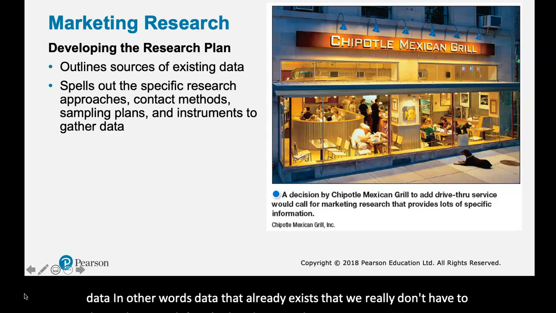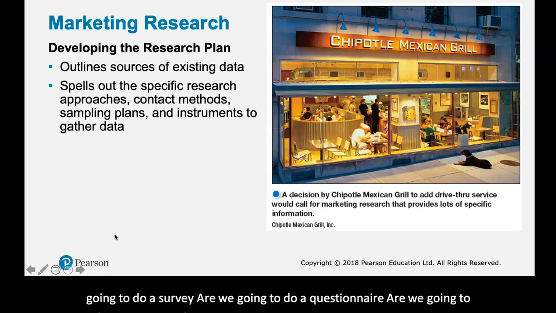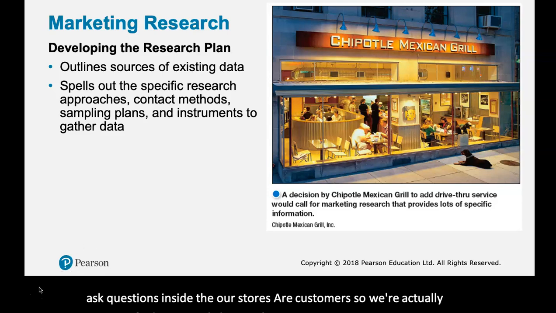And it also spells out exactly how we're going to get the information. Are we going to do a survey? Are we going to do a questionnaire? Are we going to ask questions inside our stores of our customers? So we're actually trying to find out exactly how we're going to collect this data.